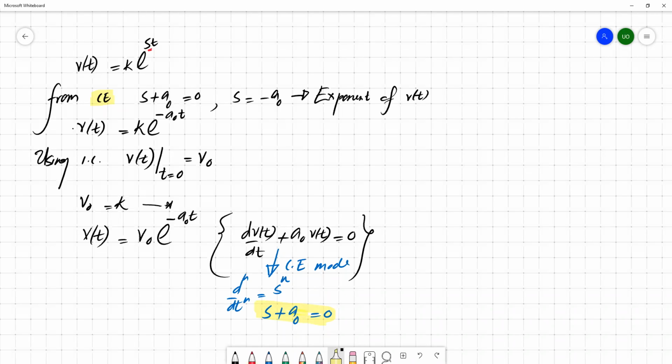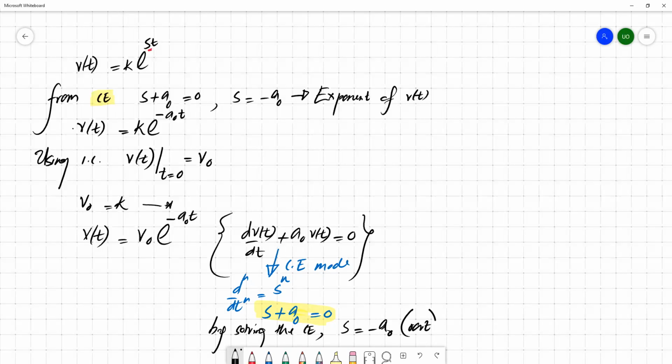So if you solve the characteristic equation, you can find the value for s, for the exponent. So the root of this characteristic equation, this is the root.